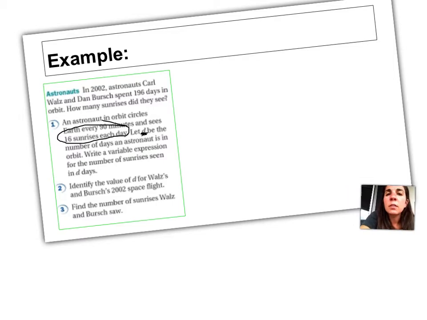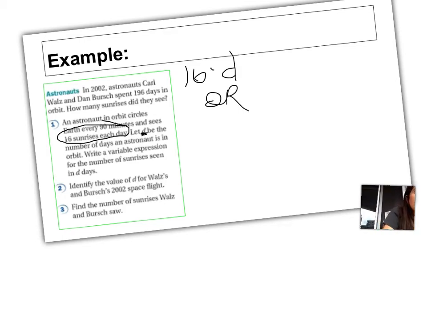Each is a word that represents multiplication, because if they see 16 sunrises in one day, that means they see 16 times 2, 16 plus 16 sunrises in 2 days, 16 plus 16 plus 16, or 16 times 3 sunrises in 3 days. So if it's D days, it's 16 times D.